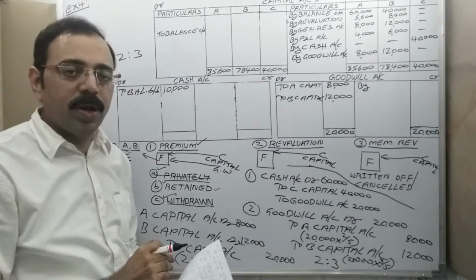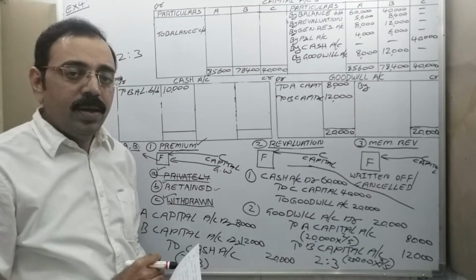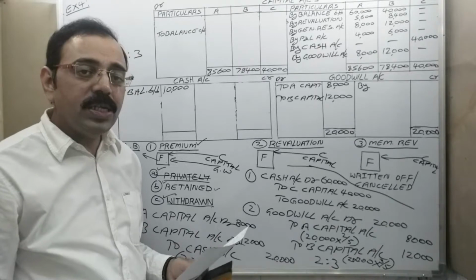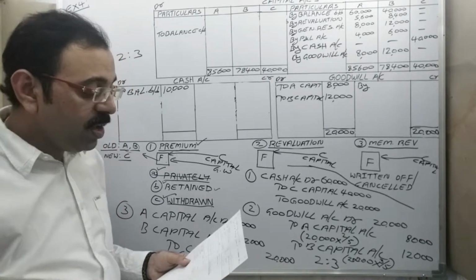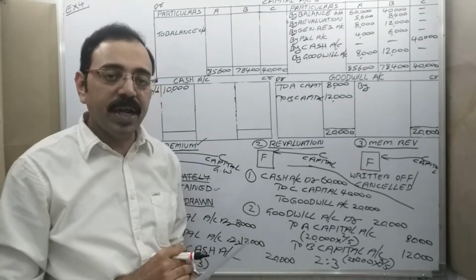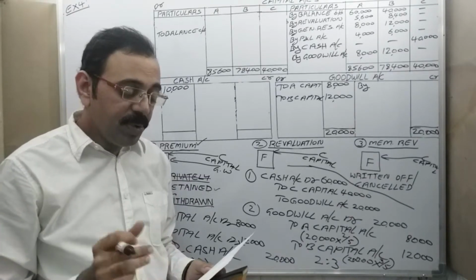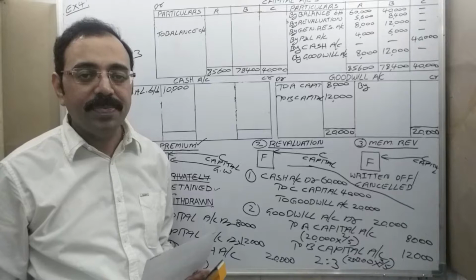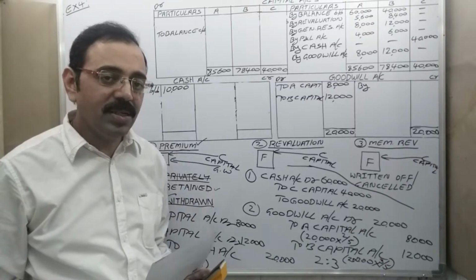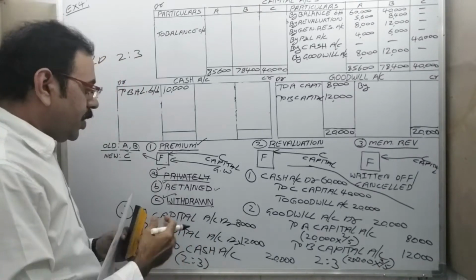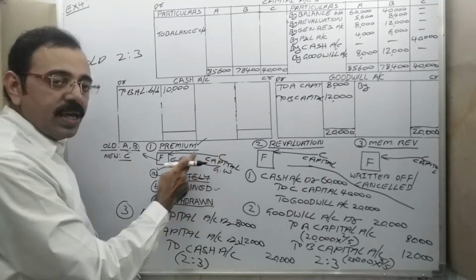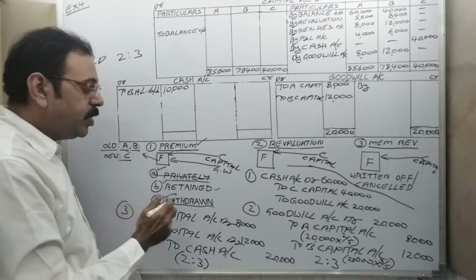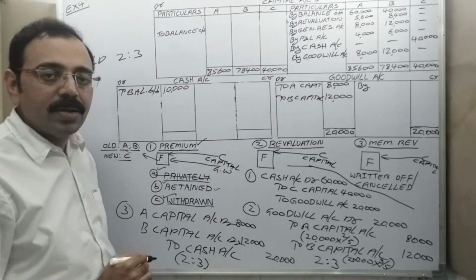Example 4 problem. Here, point A, what is it giving? C should bring 40,000 as capital. Goodwill of the business valued at 20,000 rupees. Observe the difference. The new partner, when he is coming, is bringing only capital.